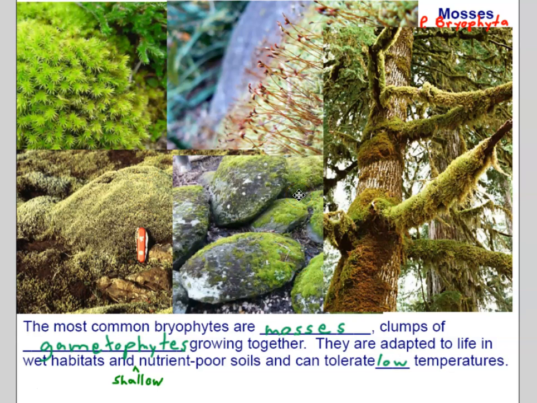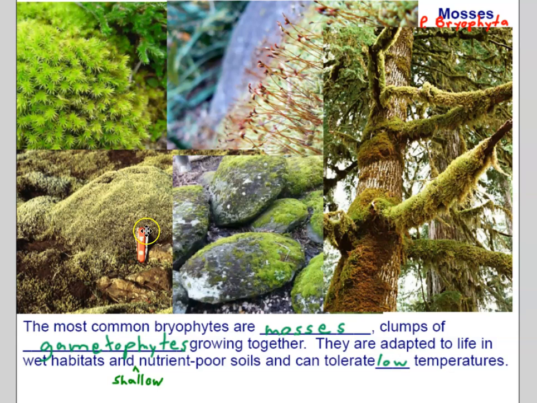There's only one image here where we're seeing the sporophytes, and that's these little spindly brown things that are sticking up from the green gametophytes below. Those are the sporophytes. So those are the two generations that alternate. Because mosses and other non-vascular, non-seed producing plants are plants, they show alternation of generations.